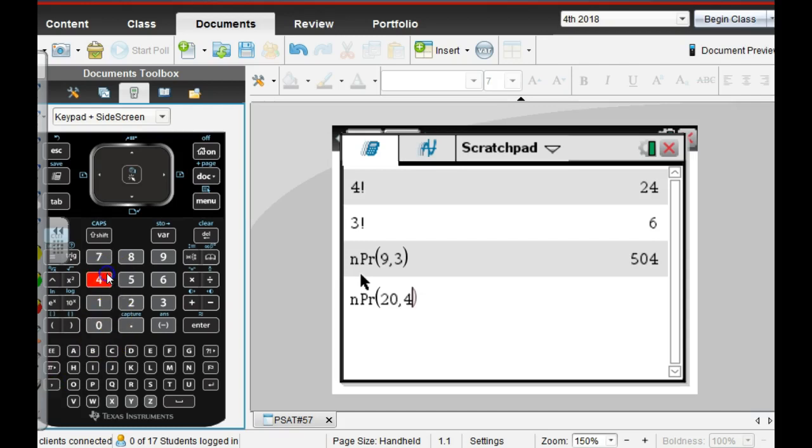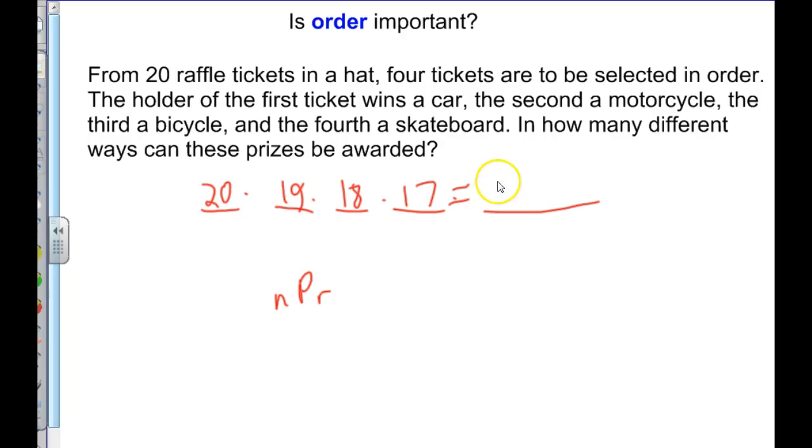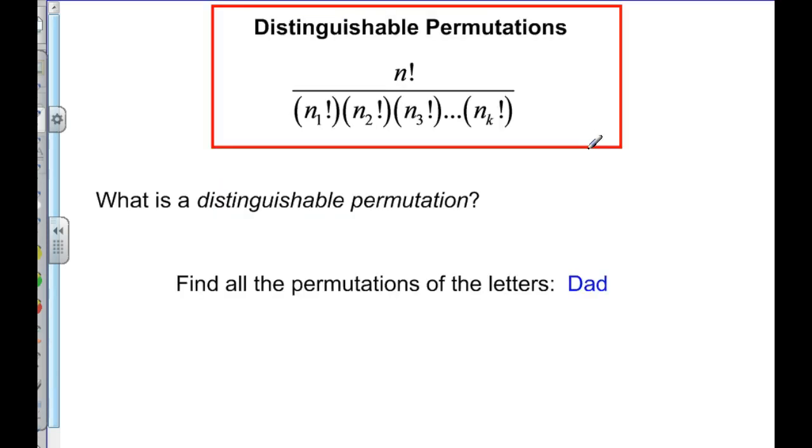That is 116,280, and so you get the same thing as if you had multiplied here, 116,280. That's quite a lot.